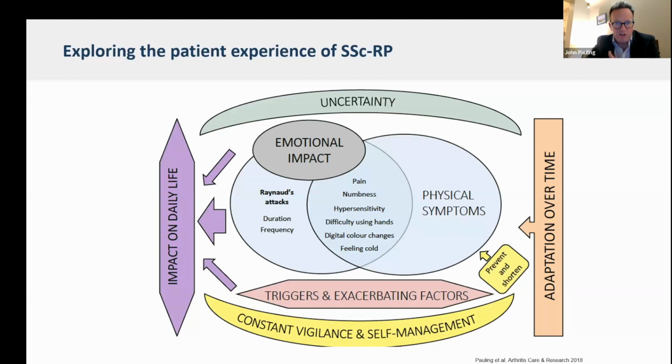So she was agnostic and didn't bring with her own biases and prejudices in terms of what she felt Scleroderma Raynaud's represented. And this was the kind of thematic map that she helped us with our patient research partners who participated in the study, separate to the patients who are involved, to make up a schematic for the patient experience of Scleroderma Raynaud's.